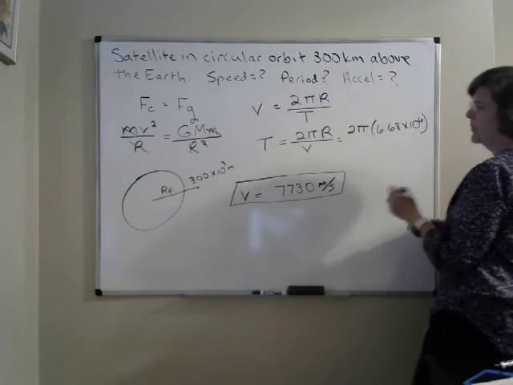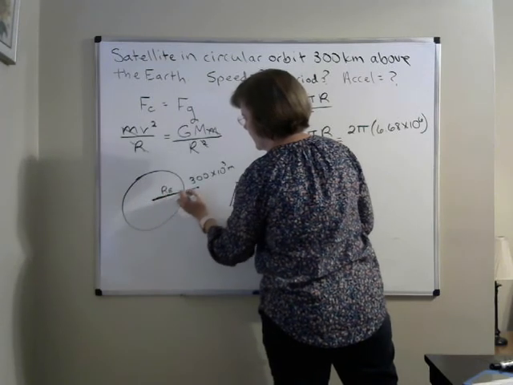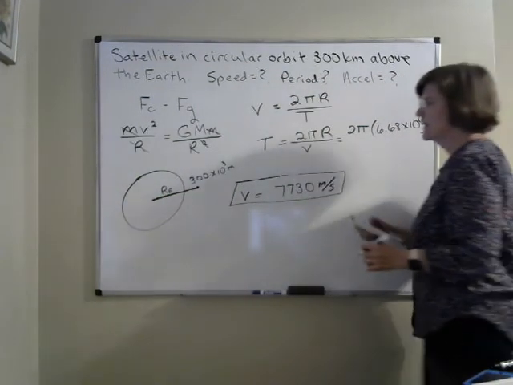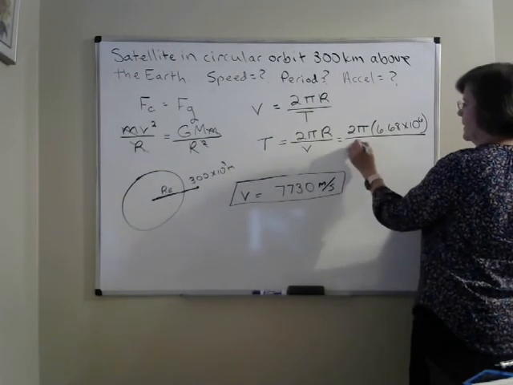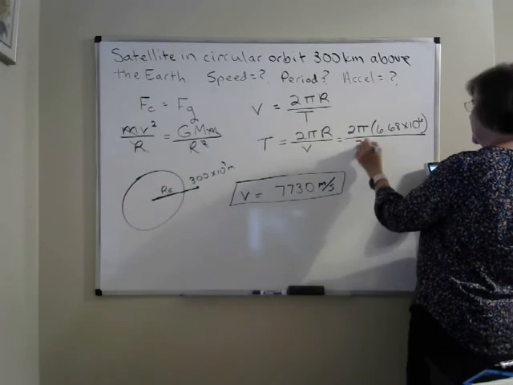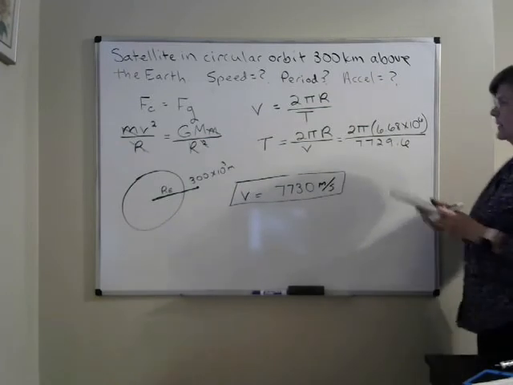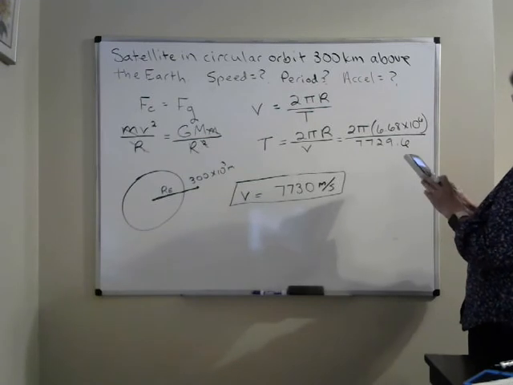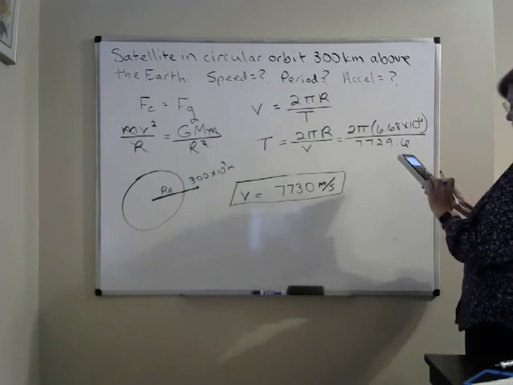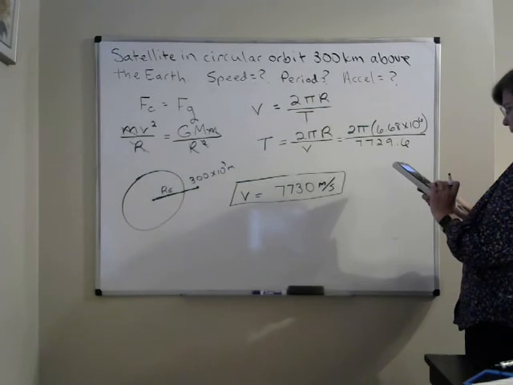That's the orbital radius. That's the total distance from the center of the Earth all the way out to 300,000 meters above the Earth, divided by, and I'm not going to use my rounded, well, it was pretty close, 7729.6. Let's see, 2 pi times 6.68 times 10 to the 6th divided by 7729.6.